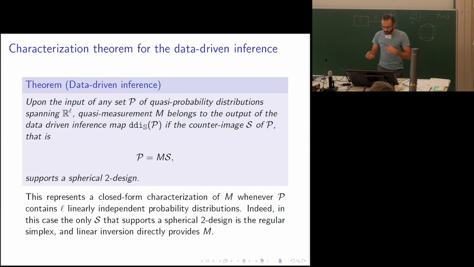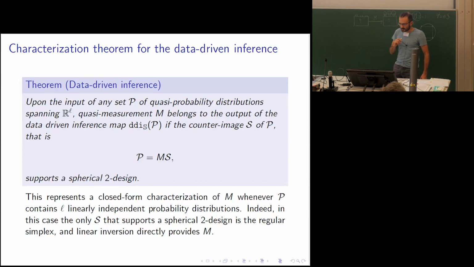So in that case, you lose one of the two directions of the logical implication. And then the example I mentioned earlier: if the measurement has exactly the right number of outcomes to be informationally complete but not overcomplete, so d squared outcomes, then the only 2 design is the regular simplex.